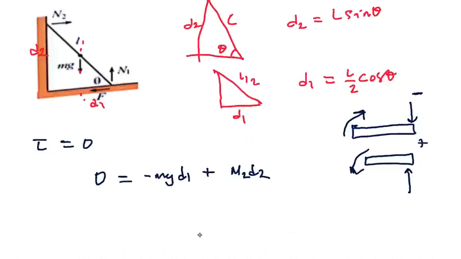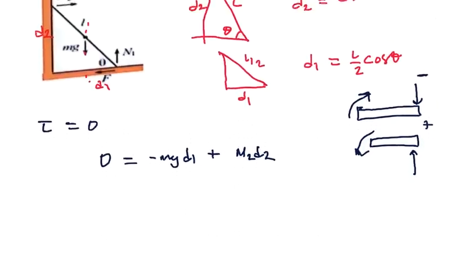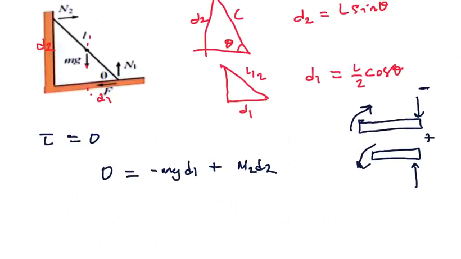So we already have our d1 and d2. Let's just put it in. So we have minus mg times d1, which is L over 2 cos theta, plus n2 times d2, which is L sine theta, is equal to 0.